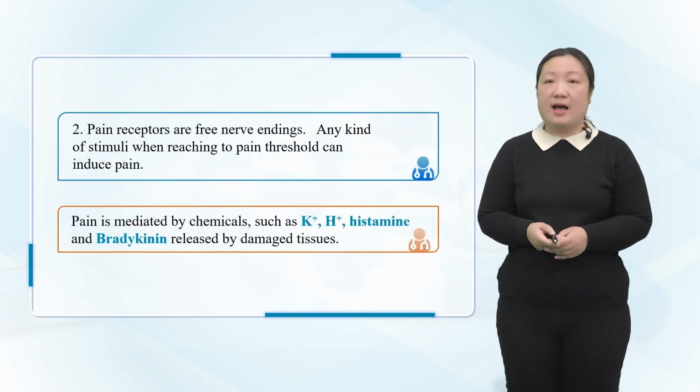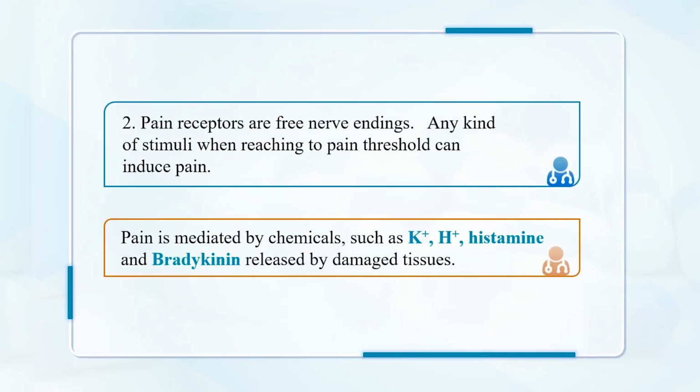Pain receptors are free nerve endings. Any kind of stimulus, when reaching the pain threshold, can induce pain. Pain is mediated by chemicals such as K+, H+, and histamine released by damaged tissues.